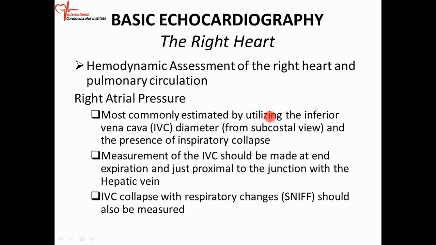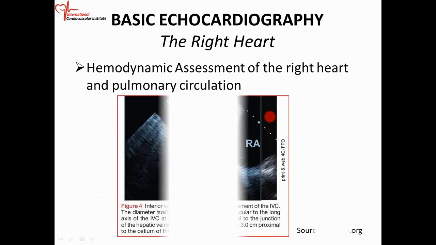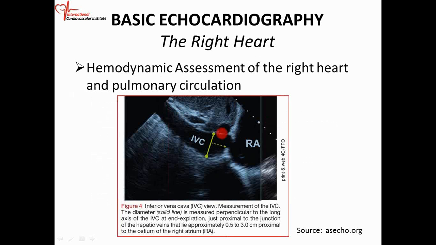IVC collapse with respiration, the so-called sniff, should be measured. So again, 3, 8, 15. Normal is if the measurement is less than 2.1 centimeters, and you get more than 50% inspiratory collapse. 15 is if it's more than 2.1 and you get less than 50% collapse. So this is how it's done.